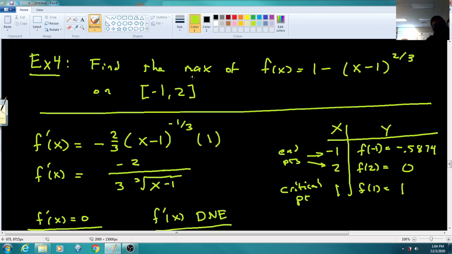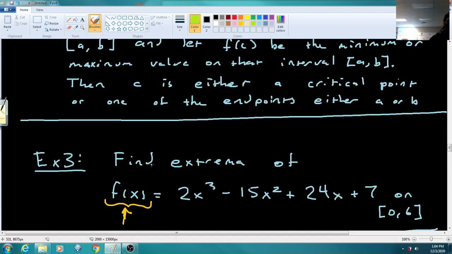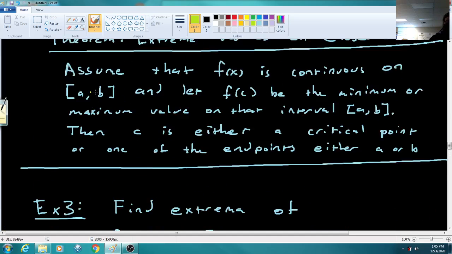It asked us to find the maximum of that. So the maximum value is obtained right here. This will be the absolute maximum of that expression, because we check the endpoints, we check the critical point, and the theorem says if you're continuous and you have a minimum or a maximum value on the interval, then you're either at a critical point or an endpoint.